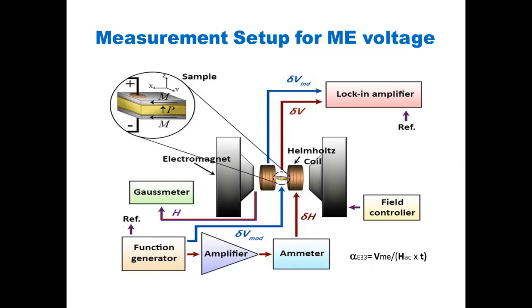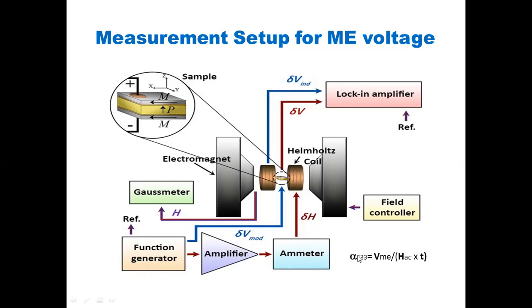This is a 33 because both magnetic and electric field are parallel to each other, so it is referred to as the alpha E33 constant. Alpha E33 means this is the piezoelectric coefficient.